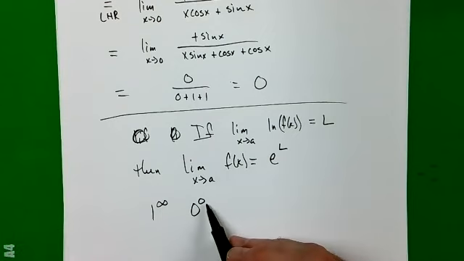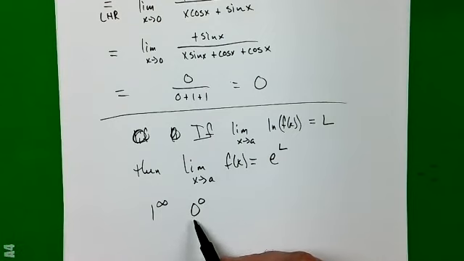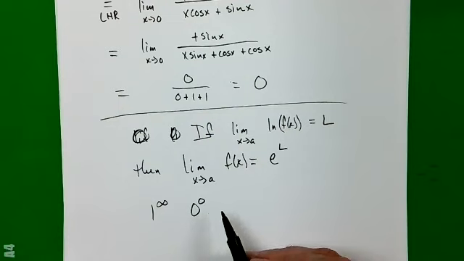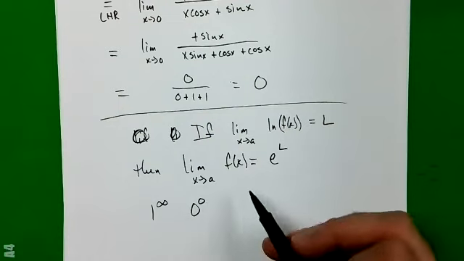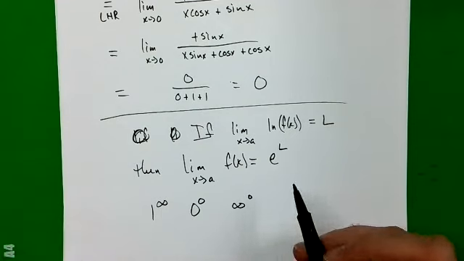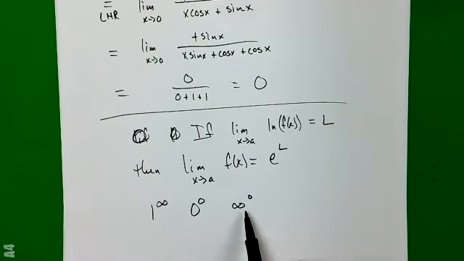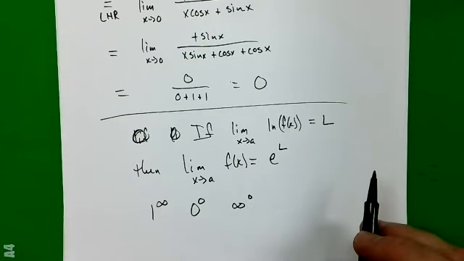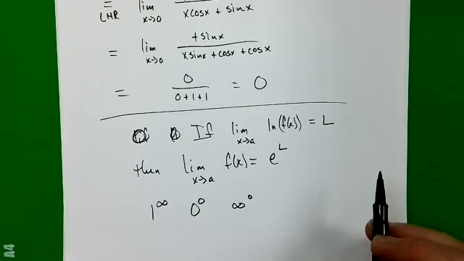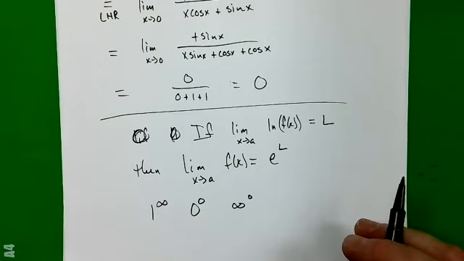Usually anything to the 0 power is 1, but usually 0 to any power is 0. So which one of those is going to win? Similarly, infinity to the 0 is weird, because infinity to any power is infinity, or 0 if it's a negative power, and anything to the 0 is 1. So those leave us in some weird cases. Those are some different indeterminate forms. Our book calls them indeterminate powers.